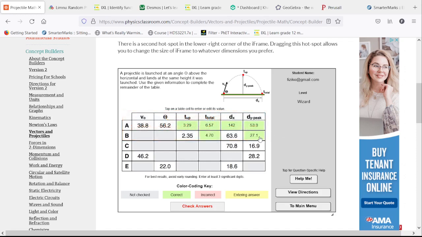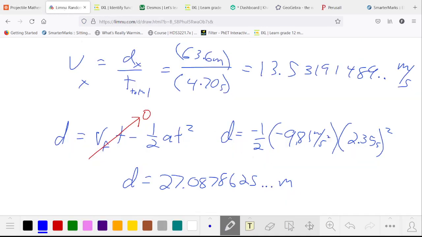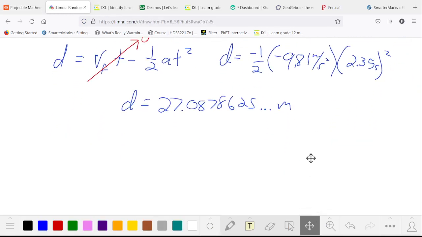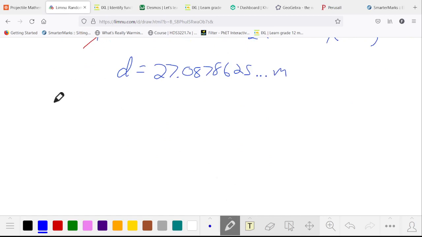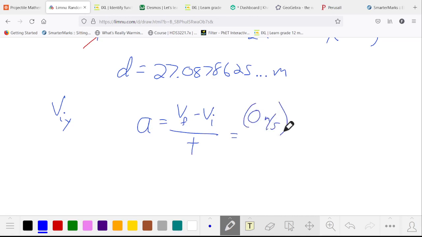Now that we have our height and our time with our acceleration, we can now solve for our velocity. All we need now is our Viy. We can get that by saying a is Vf minus Vi over t. And if we're looking again strictly at the vertical component, that is 0.